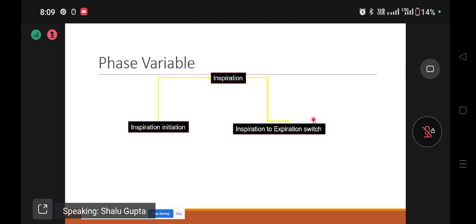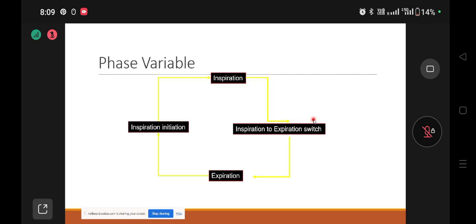And then we talk about phase variables. So we talked about phases of respiration. First is initiation. How does the ventilator know that the patient needs to start inspiration? This is called the trigger. Most of the time this trigger could be a pressure trigger, or it could be a time trigger.